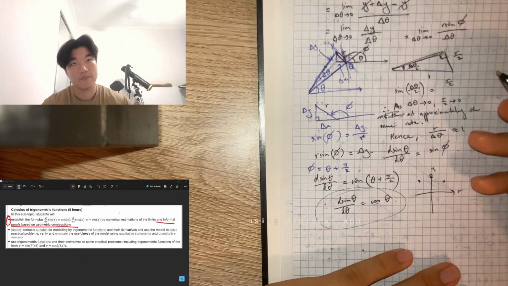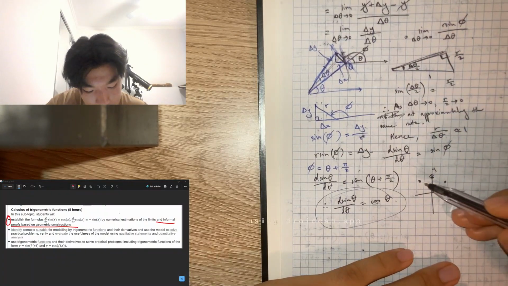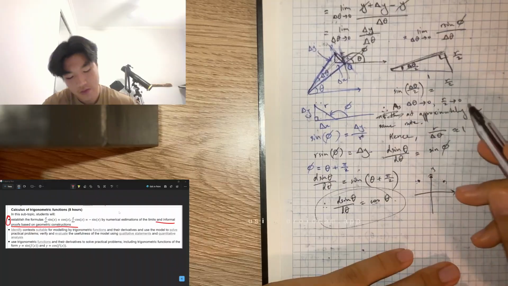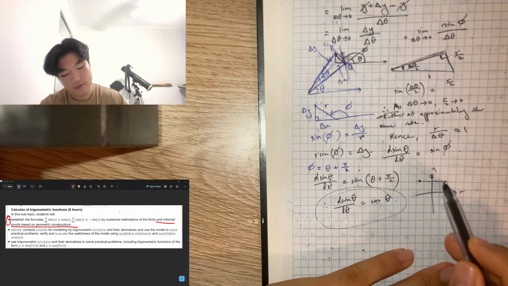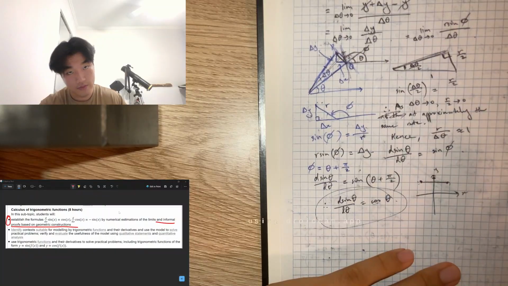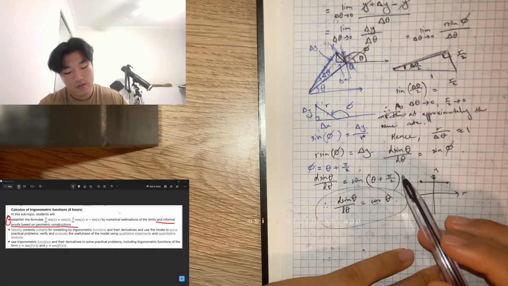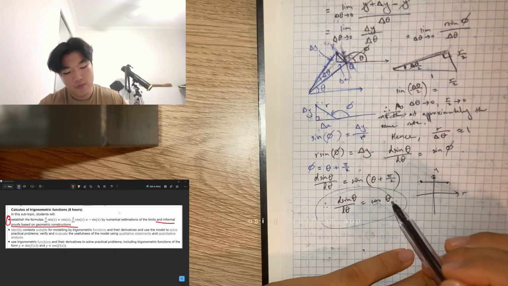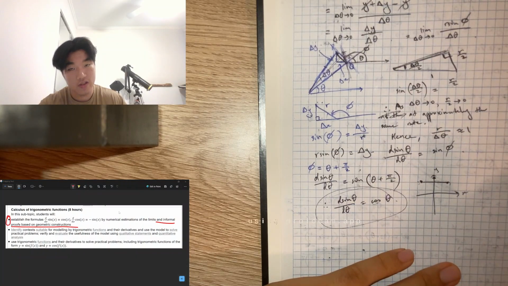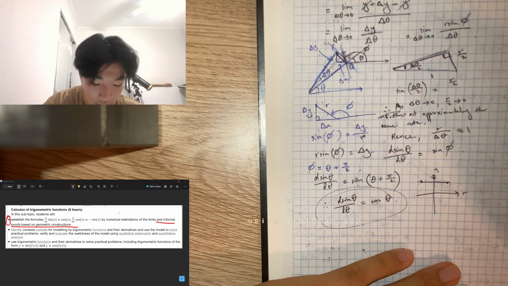But you'll notice that regardless, the values given would be positive. We know that these values, the y values here, they're positive, they're above the x-axis. So if we were to sub those values in for cosine theta, we should get the same values, and that's exactly what happens.